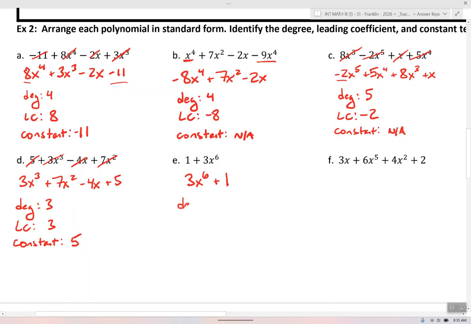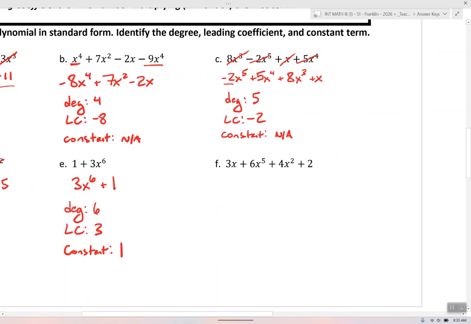The degree here is 6 for the polynomial. The leading coefficient is 3, and the constant is a 1. And the last one, 6x to the fifth plus 4x squared plus 3x plus 2. So our degree is 5, our leading coefficient is 6, and the constant is 2.